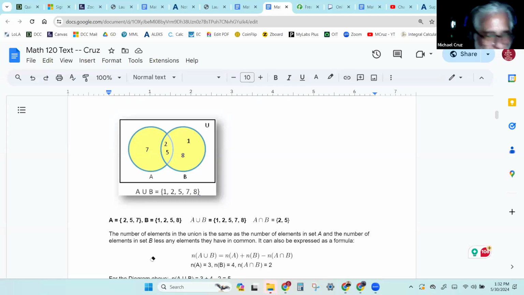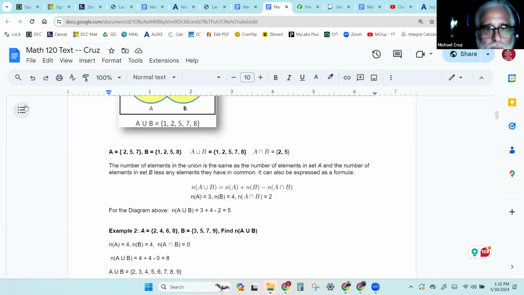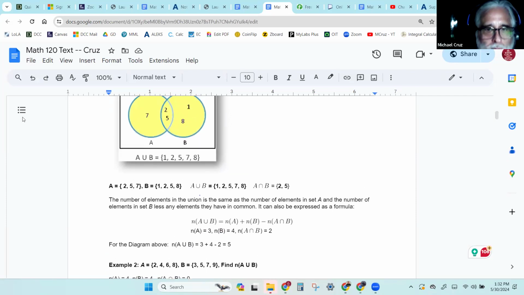So the number of elements in the union of A and B is equal to, and this is the formula, I'm just saying that because this is important, all right?